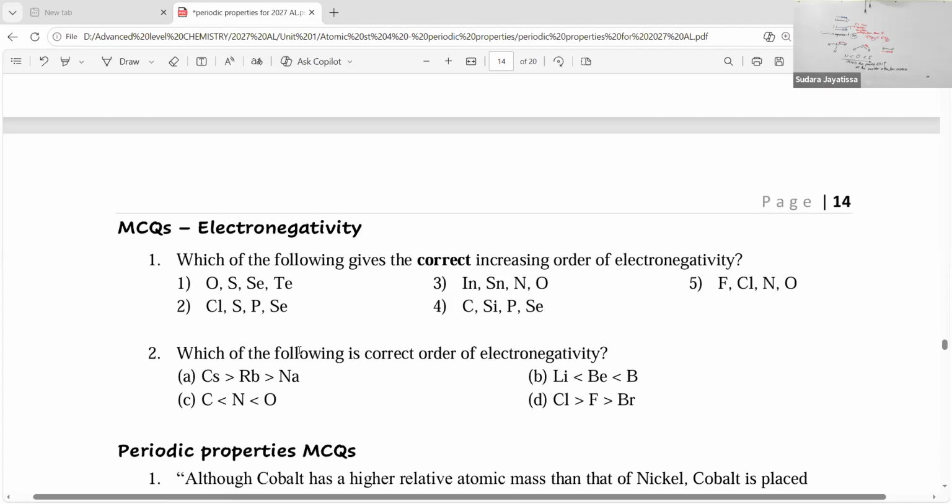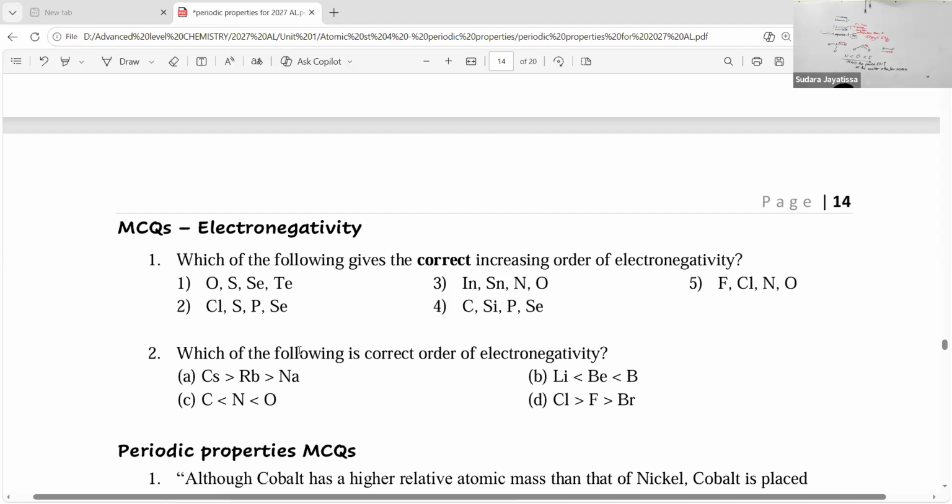What is the answer for the first one? Which of the following gives the correct increasing order of electronegativity? In the periodic table, indium, tin, nitrogen, and oxygen. The nitrogen, oxygen part is okay.